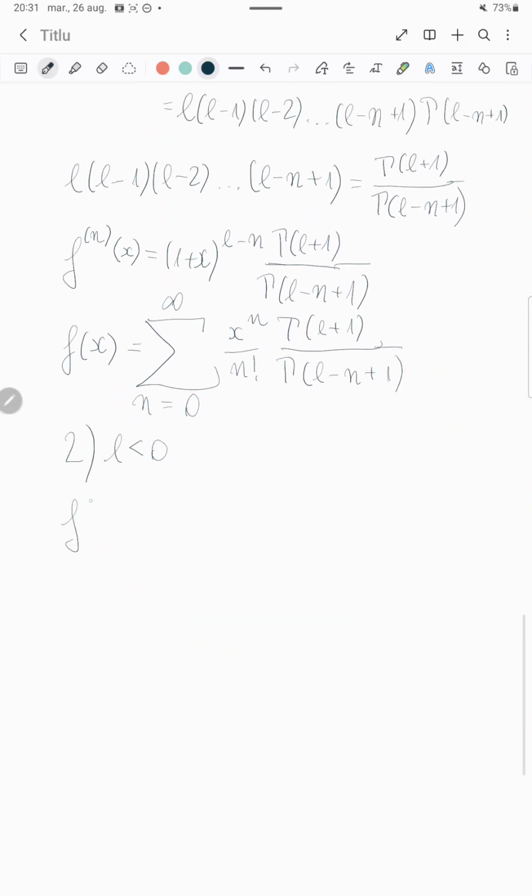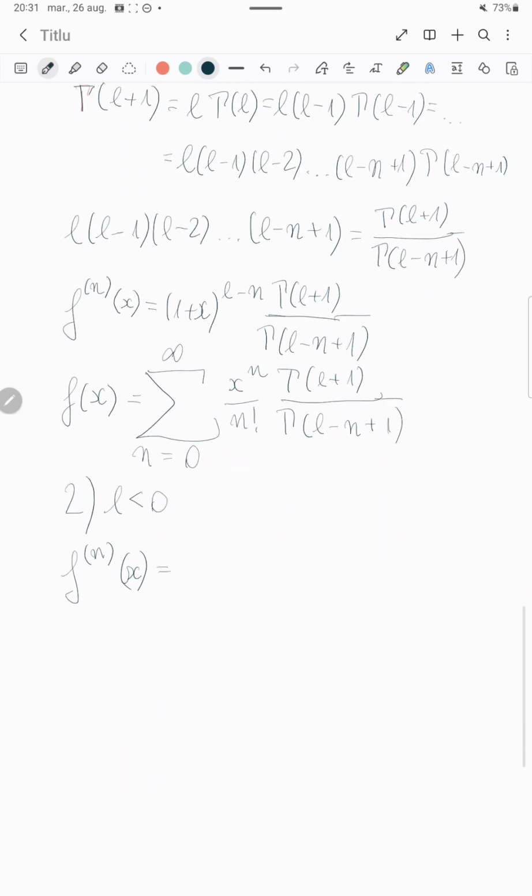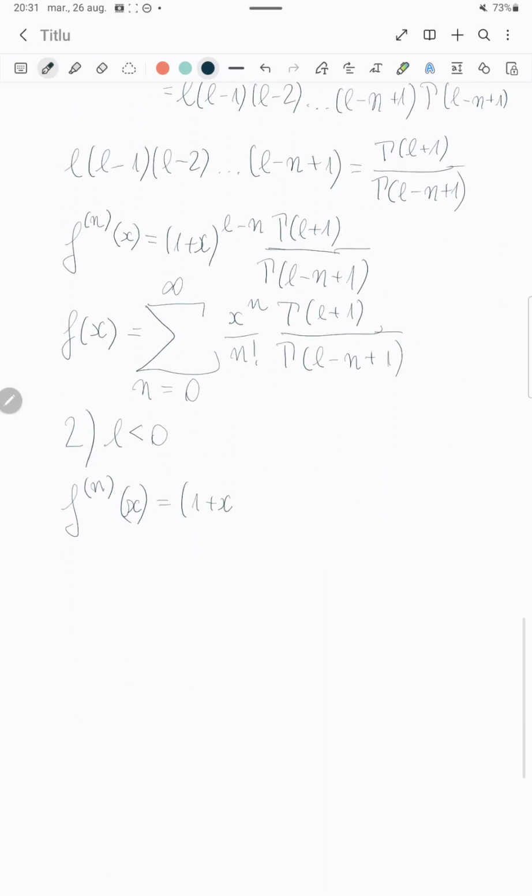I mean, we write the nth derivative of f of x the same as we've written here: L times L minus 1 times L minus 2 times ... times L minus n plus 1. But here, for L integer or not, we can have something like this.